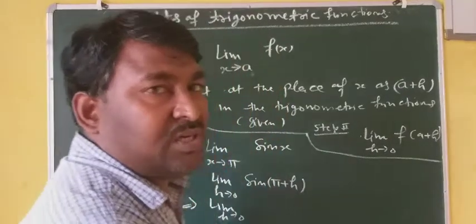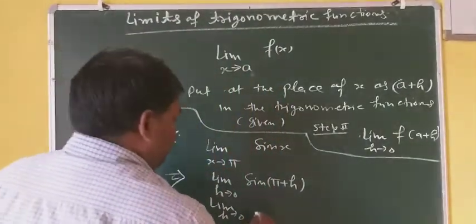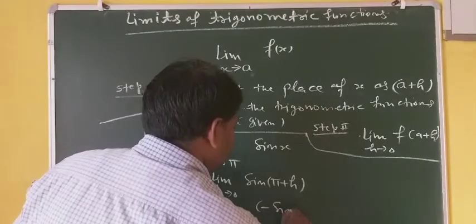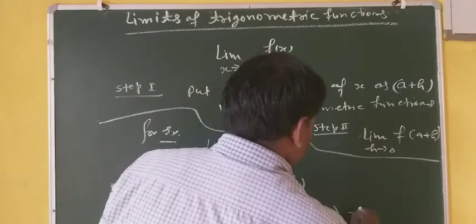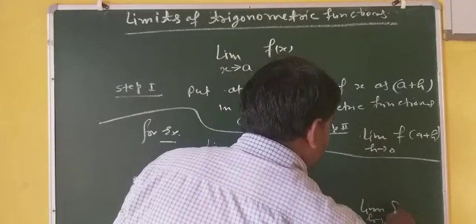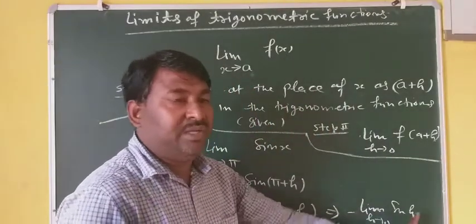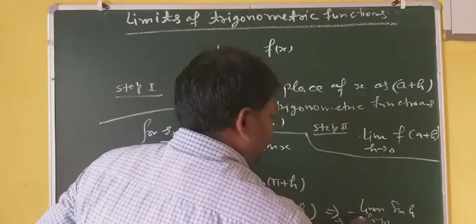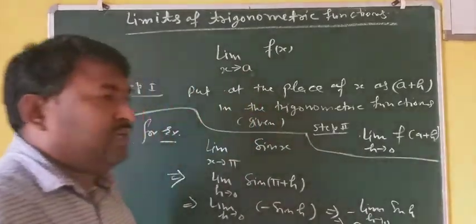Sin(pi plus theta) will be minus sin theta, so minus sin h. The minus will come out: minus limit h tends to 0 of sin h. At the place of h, if you put 0, sin 0 will become 0. Negative 0 does not have any meaning, so its value will be equal to 0.